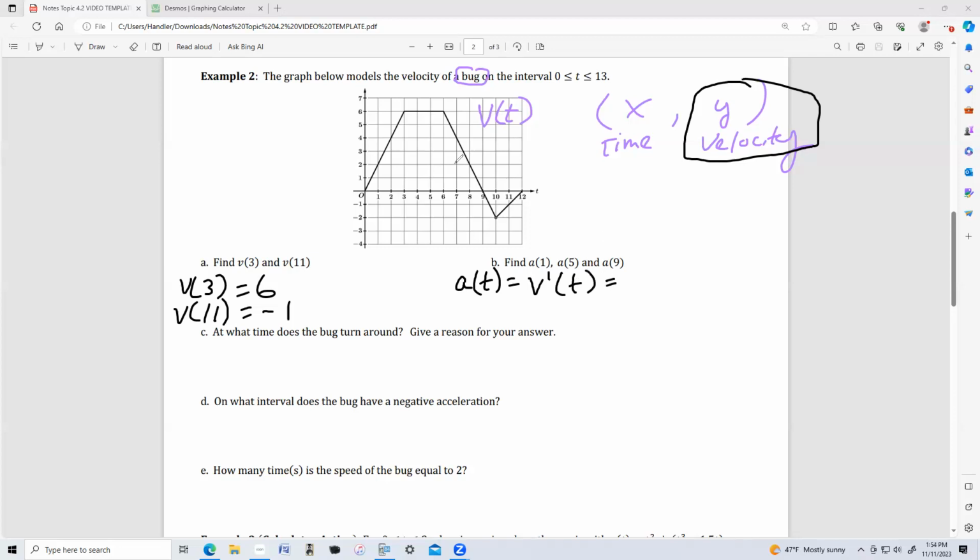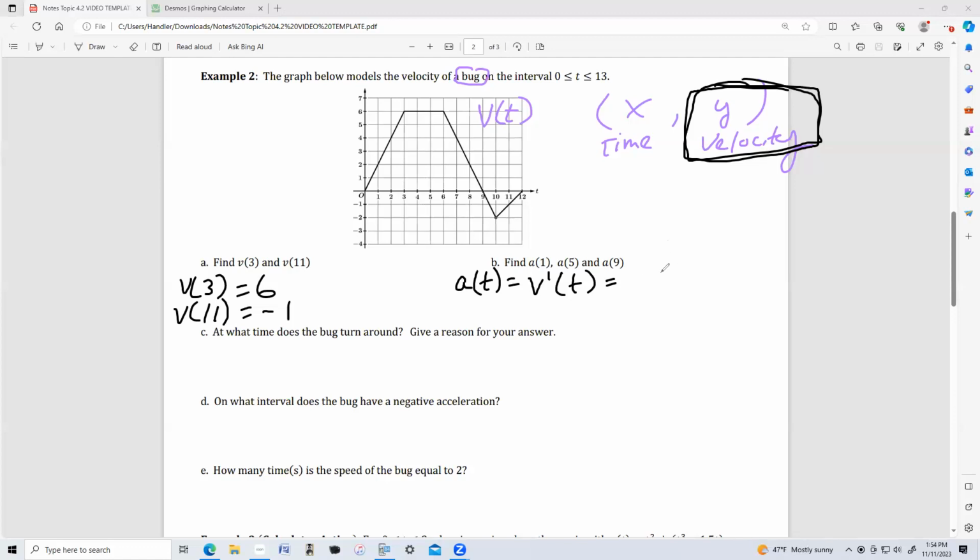If we're looking at this graph where the y values are the velocities, to go from velocity to v prime, the derivative of velocity, you're not looking for the y coordinate, but rather the slope.